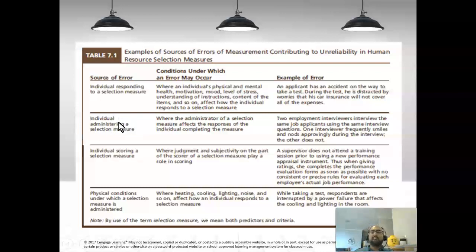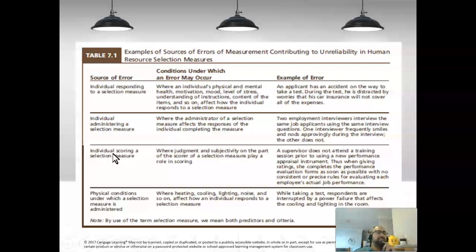Then you have unreliability due to the person administering the selection process. So it's the person doing the interviewing, administering the test, administering the work simulation. You can have one interviewer that smiles and one interviewer that's very grim, and that can have some effect that introduces noise into the selection process.